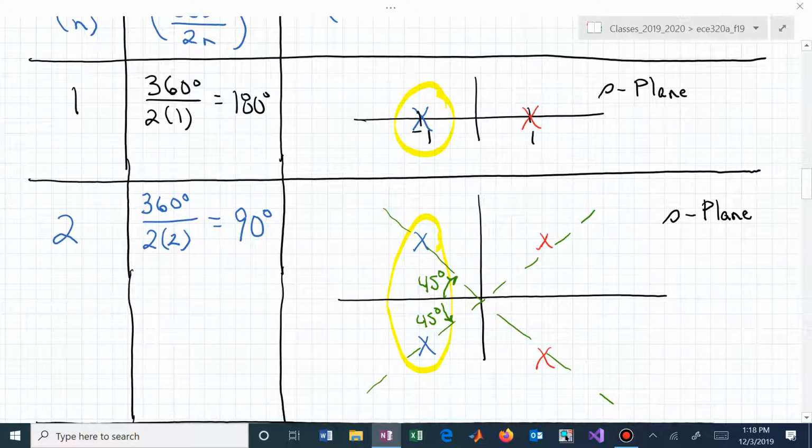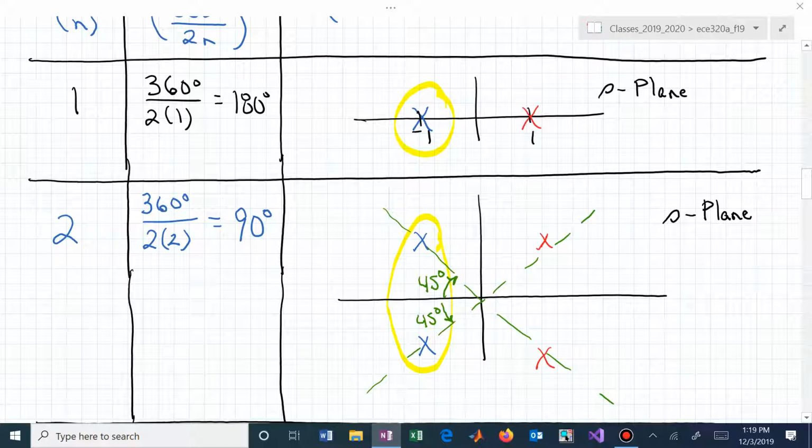Do you see that this is the only orientation of 4 poles separated by 90 degrees that's symmetric with respect to the origin and preserves 2 in the left, 2 in the right? If you rotate it at 45 degrees, you could have 2 on the imaginary axis, and that kind of doesn't work, does it? They would all be separated by 90 degrees, but then we would only have 1 pole in the left half plane, and we wanted a second order filter.